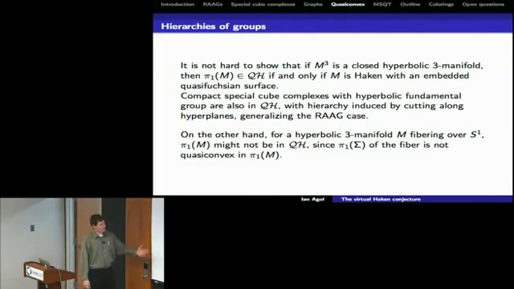On the other hand, if you have a hyperbolic manifold that fibers over the circle, it doesn't necessarily have a quasi-convex hierarchy because the fundamental group of the fiber is not a quasi-convex subgroup in the fundamental group of the manifold. It's a geometrically infinite surface group, and it's not quasi-Fuchsian, so it doesn't correspond to a quasi-convex subgroup. It might possibly have some other embedded quasi-Fuchsian surface. There certainly are fiber manifolds like that, but it might not.